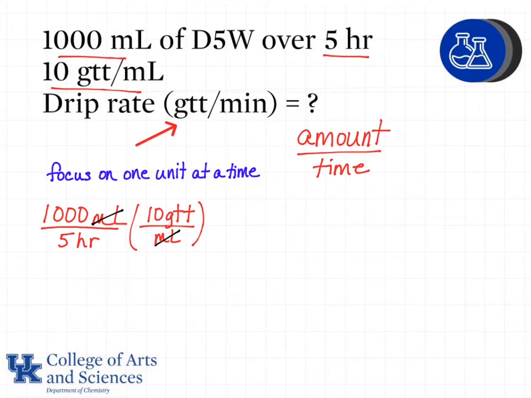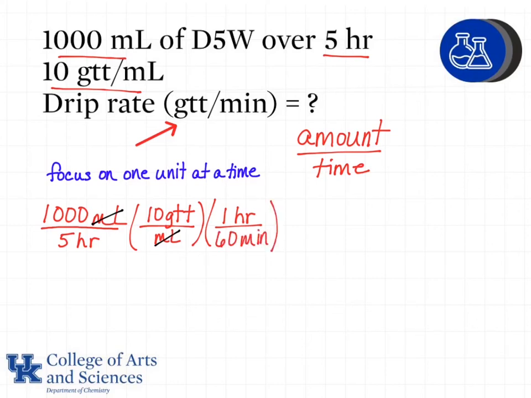If I stopped here, I would have units of GTT per hour. I see that's still an amount over time, but it's not the amount over time that I actually want for this problem. So I'm going to continue on, and now I'm going to focus on the denominator and have hours on the bottom. So I need to put 1 hour in the numerator because I want those units to cancel.